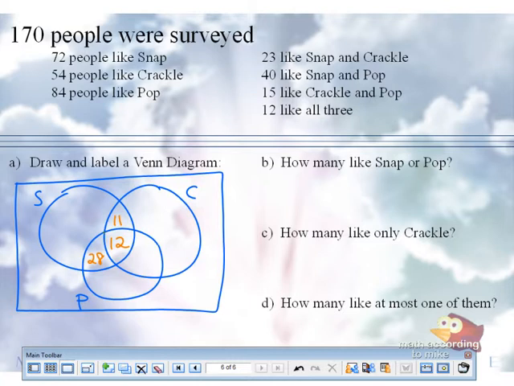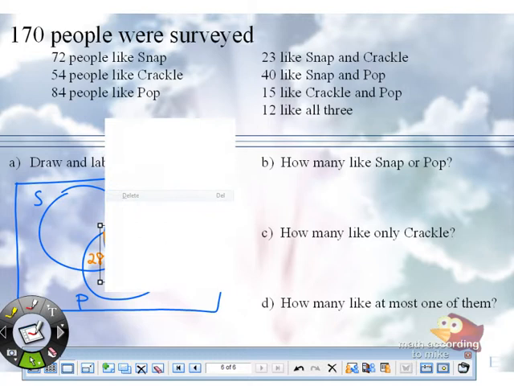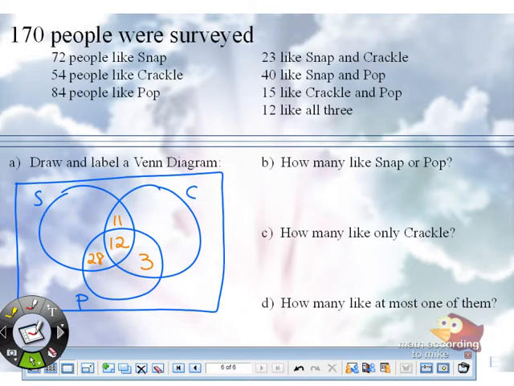This last leaf here is the intersection of what 2 circles? Crackle and Pop. How many does that have to add up to? 15. We have 12 of which accounted for. So how many only like Crackle and Pop? 3. Now let's go back to that first number there. 72 people like Snap.